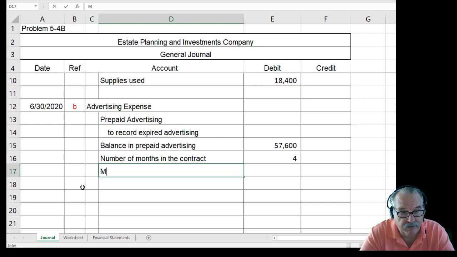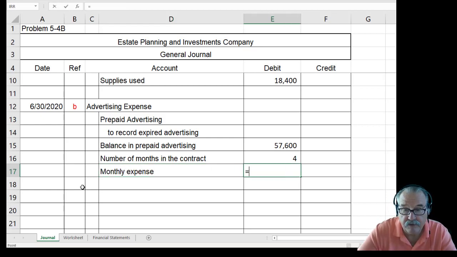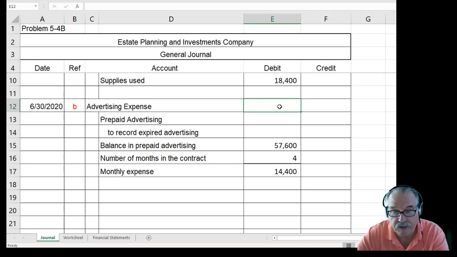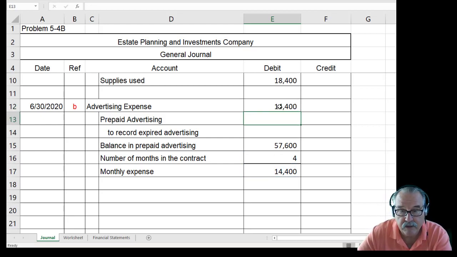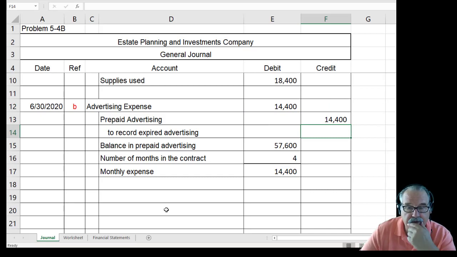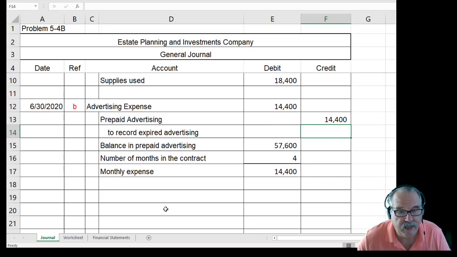So the monthly expense is $57,600 divided by 4, or $14,400. I'm going to draw a line and then plug the numbers in up above. Debit advertising expense, $14,400, and credit prepaid advertising, $14,400.